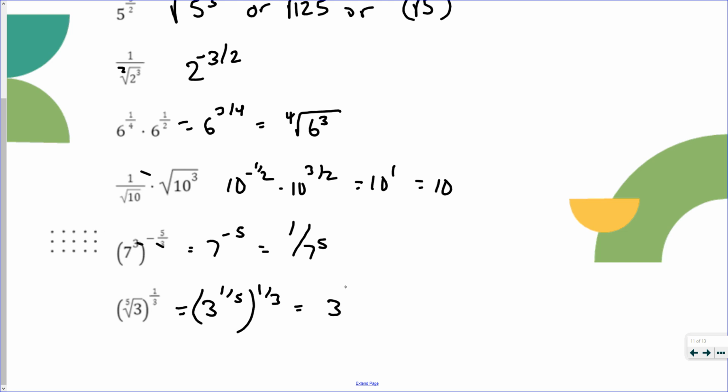It's 3 to the 1 over 15. Do be careful with that one. So always take it one step at a time, and remember that radicals always get written as a fraction of an exponent, always. All right. So there's some simple recognition for you on many of those factors.